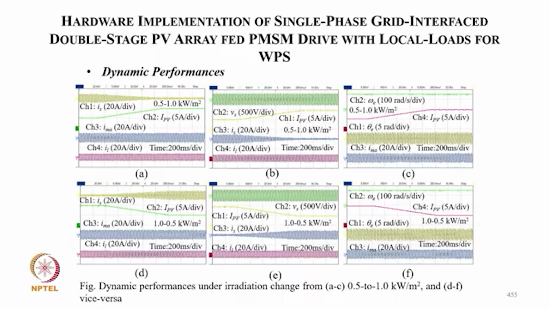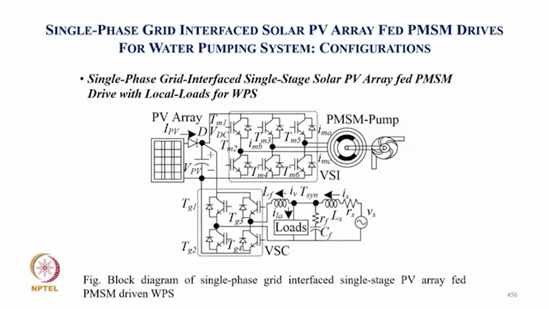So certainly when solar power increases, we draw less current from the grid, as you can see here, and accordingly grid power also changes. This is the case when the single phase interface feeds the local load and the water pumping single stage system.